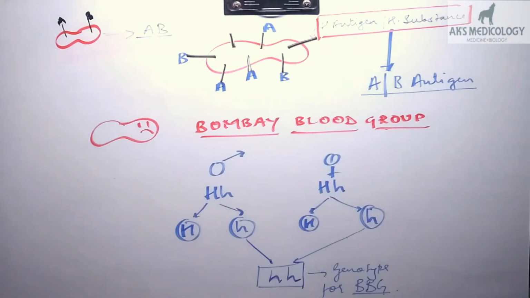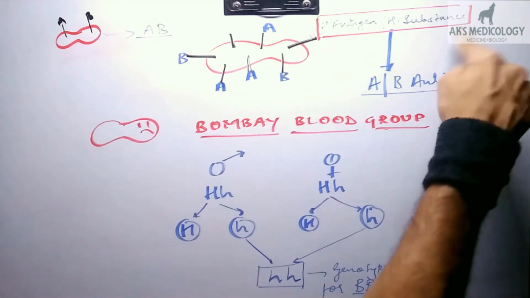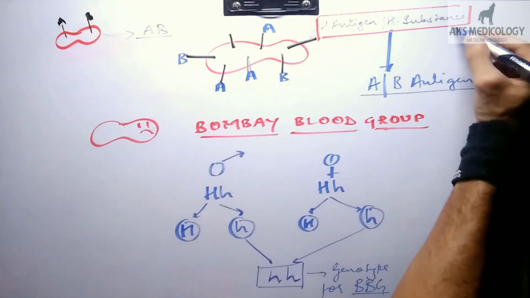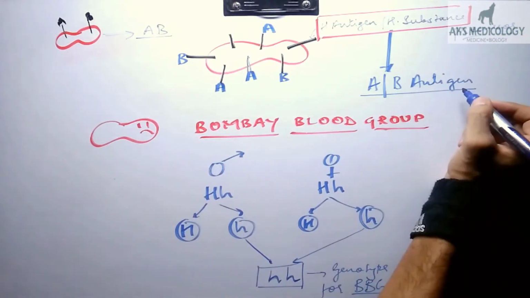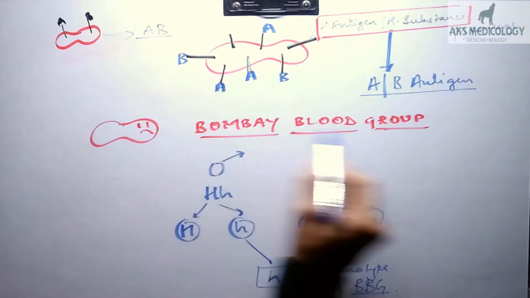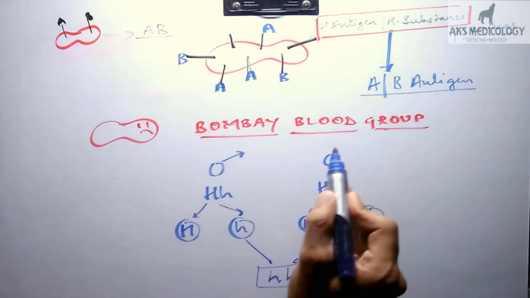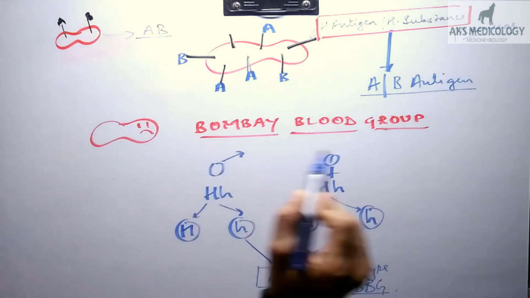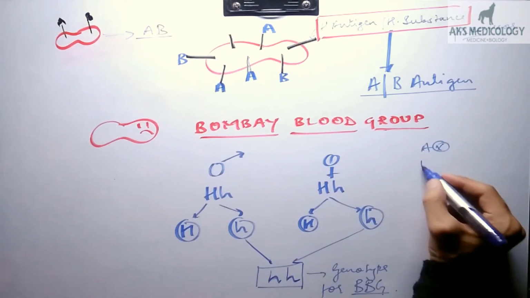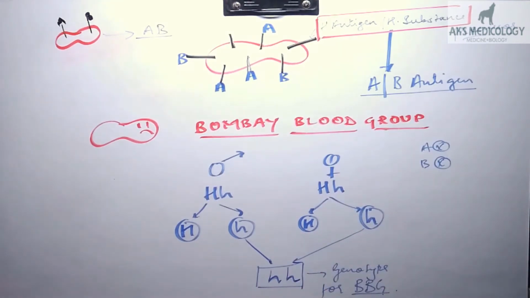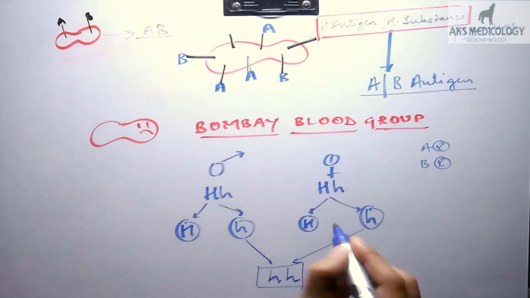And as we know that H antigen or H substance is the precursor for A or B antigen, in an individual with Bombay blood group, even if it possesses genes for A and B antigen, it won't be able to express A or B antigen because of primary absence of H antigen.